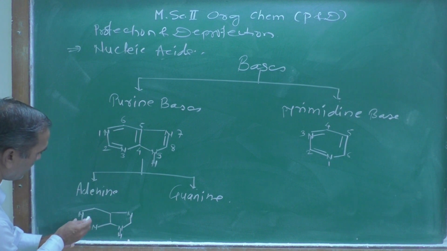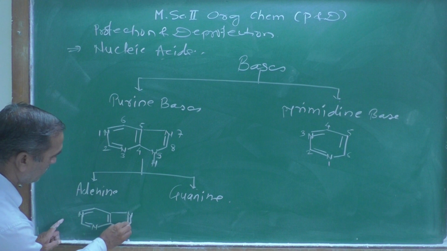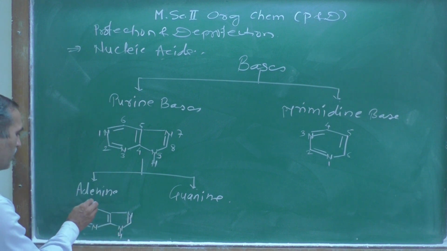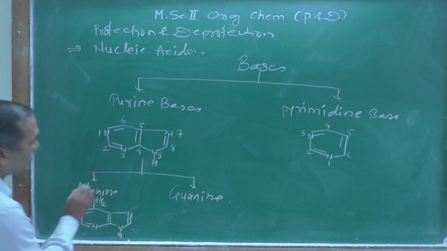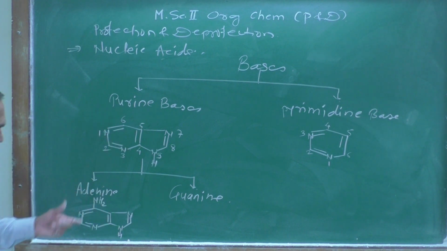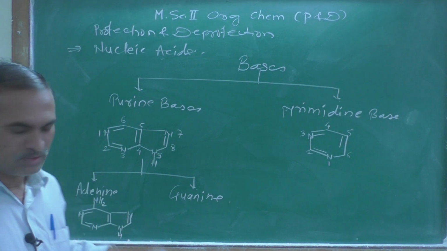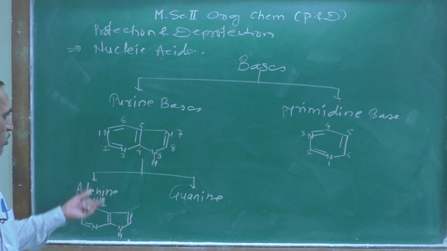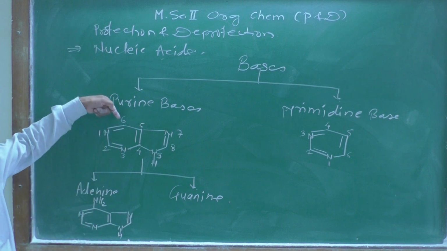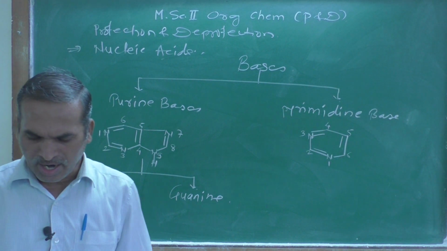Now look here, everything remains the same, the double bonds too. Only in adenine there will be an amino group at the 6th position, and this is the structure of adenine. Only the amino group is joined at 6th position, so that is the structure of adenine.